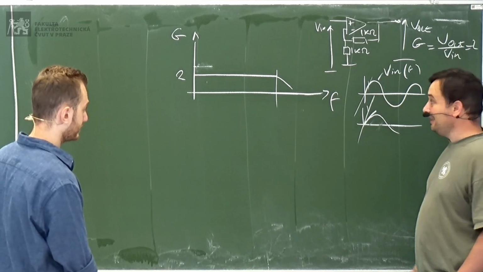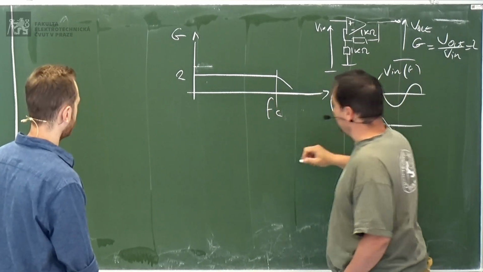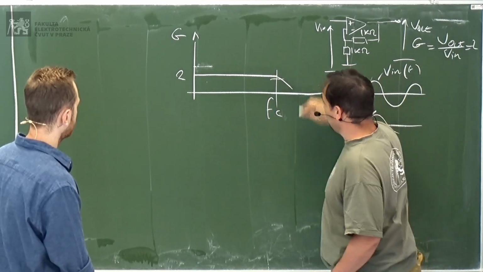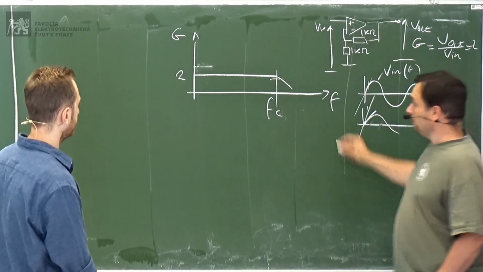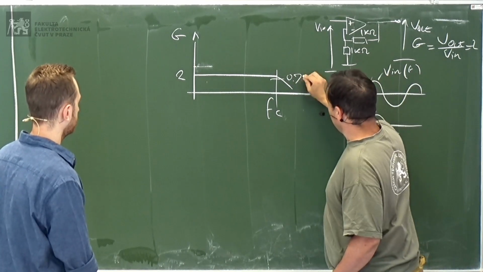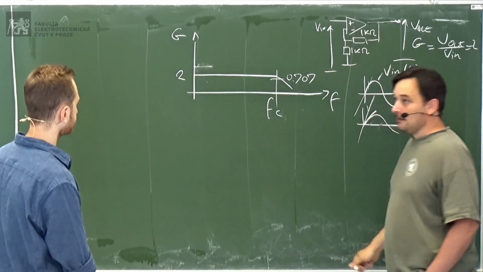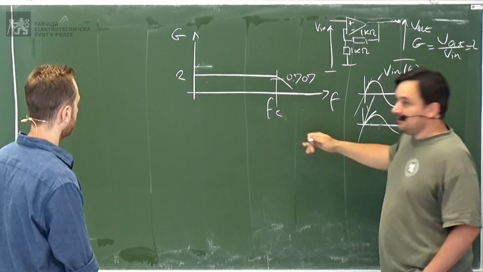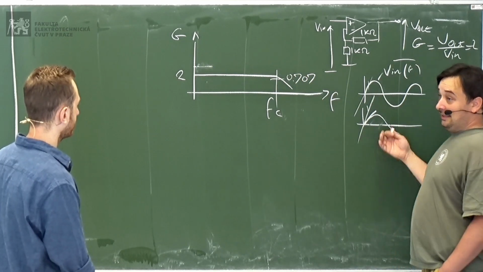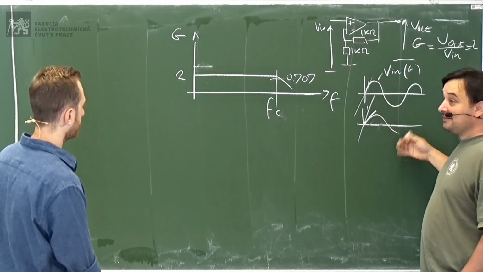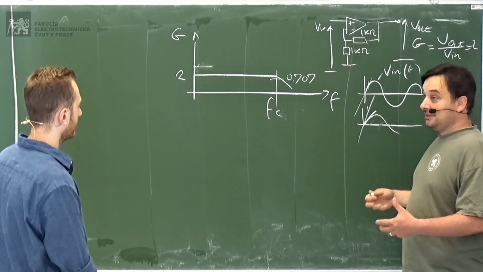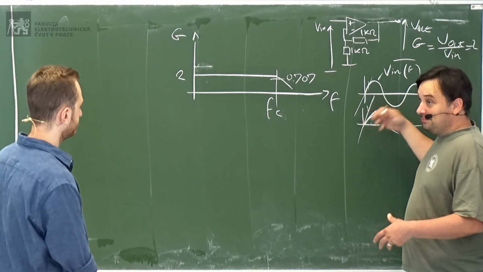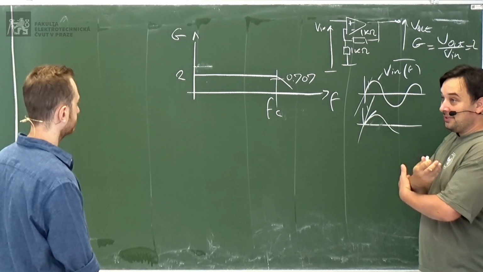And that's the cutoff frequency? This is the cutoff frequency, okay? You define it where you get to minus 3 dB, where there is attenuation, 0.707, okay? So when you see that this is dropping down, it means that the amplifier is not fast enough in changing the output to follow the input, okay?